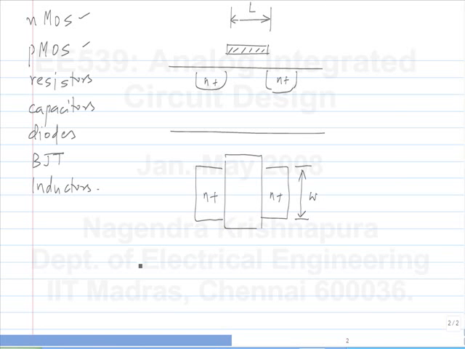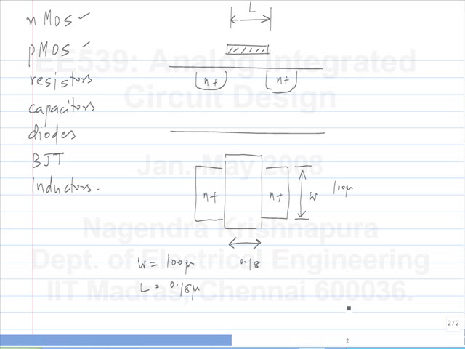Let's say you wanted to make W equals 100 micron and L equals 0.18 micron. How would you make it? So you would have this to be 100 micron and this to be 0.18. How would you make some transistor which has 100 micron width and 0.2 micron length?